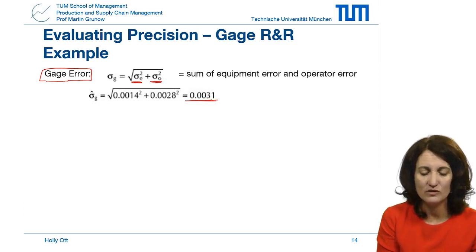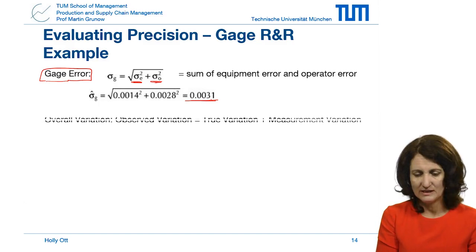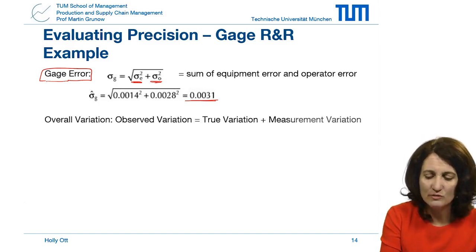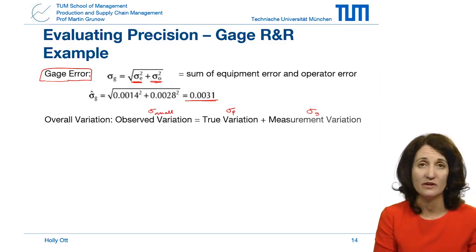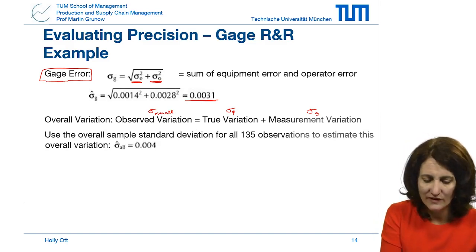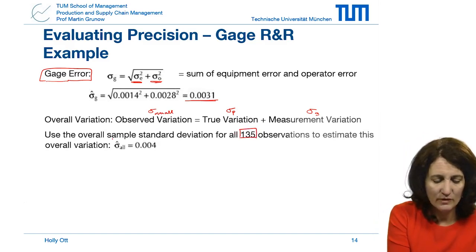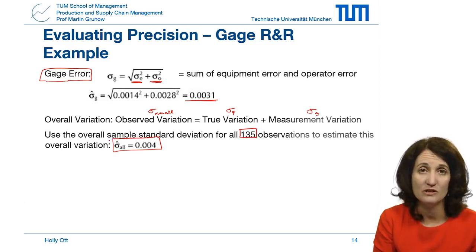repeatability at 0.0031 inches. Now, what we're interested in is how this measurement variation, sigma g, compares to the overall variation and our true product variation. Now, we said there was 135 observations there, and we were able to calculate the overall variation of 0.004 using all that data.